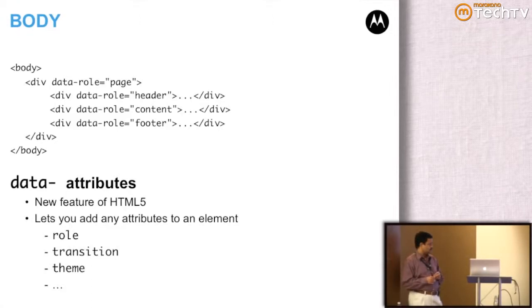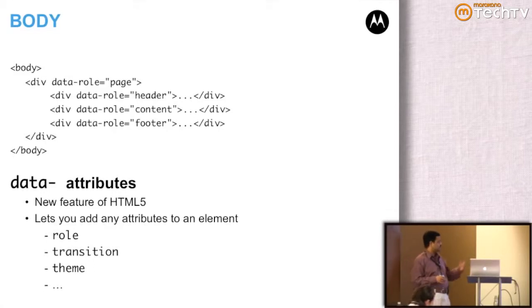So, it is just like setting a property. You do not really have to do anything. For example, when I say data role equal to page, I define all of the styling in the style sheet. So, I do not really have to do anything specific inside my HTML code for the styling or the behavior or anything like that. I do not even need to write JavaScript.